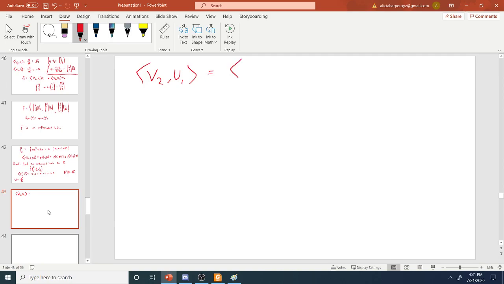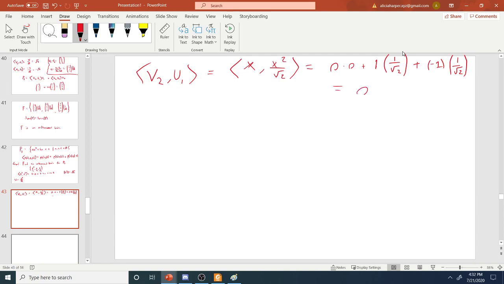And this is the same thing as the inner product of x with x squared divided by the square root of 2. And so this is going to be the same as 0 times 0 plus 1 times 1 over the square root of 2, and then plus negative 1 times 1 over the square root of 2.